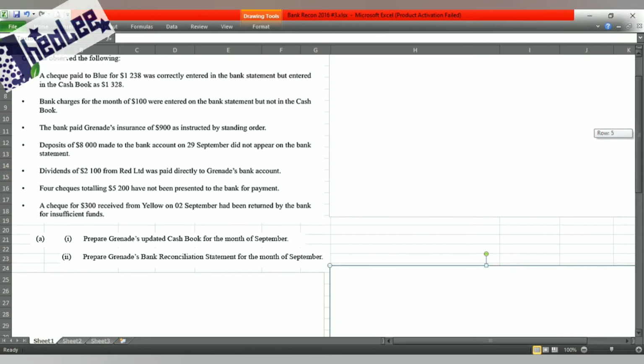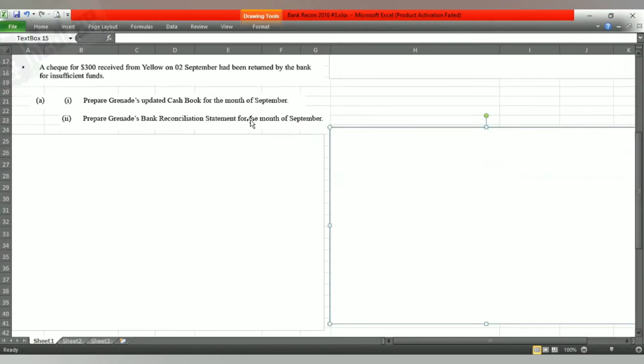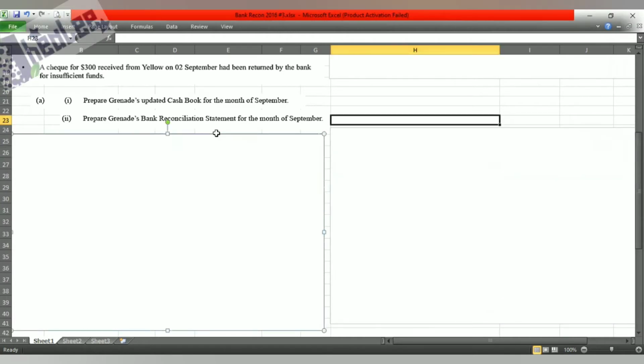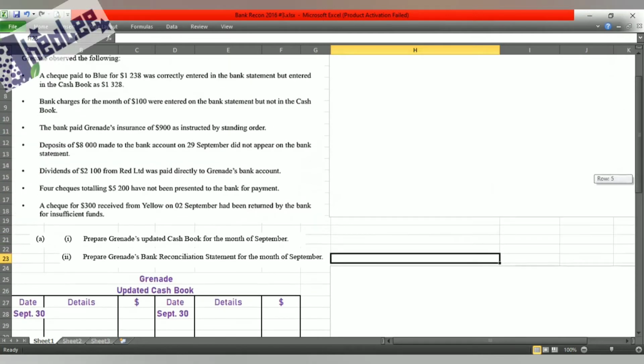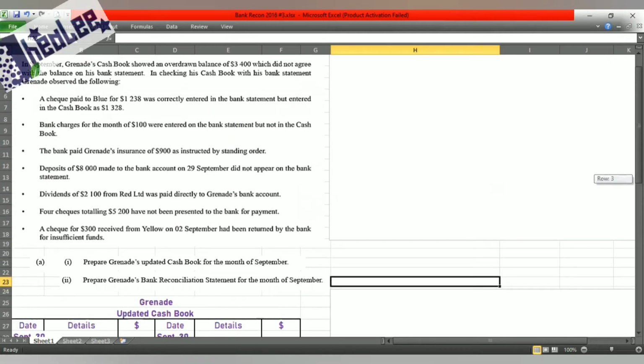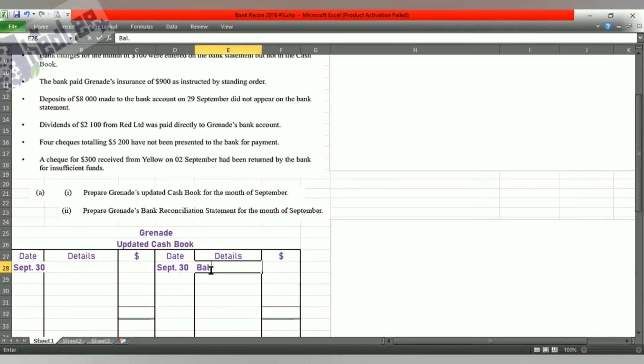And in preparing the updated cash book, remember, you're going to use the easier format, which is to enter your opening balance. So remember, this is being prepared at the end of September, so our date is September 30th, and we begin with the overdrawn balance. Because it is an overdrawn balance, we're going to credit that to the cash book. So that is balance brought down, and the amount there is 3,400.